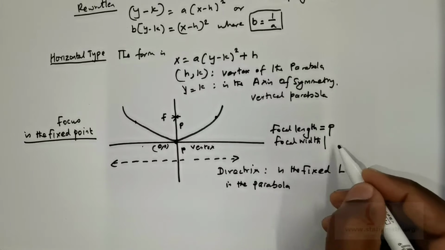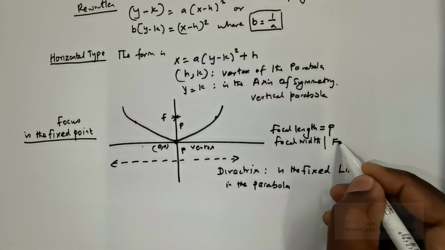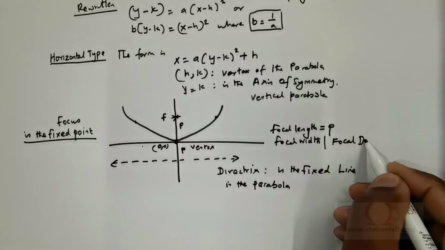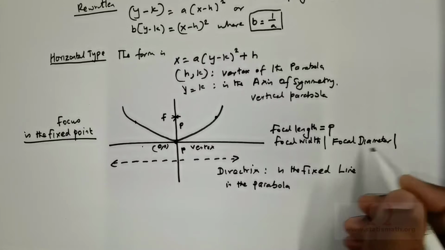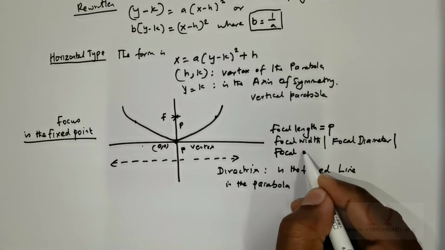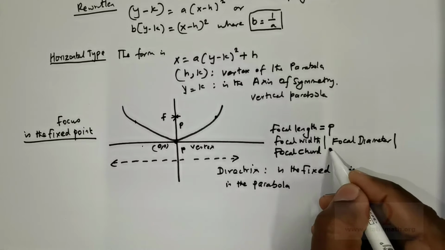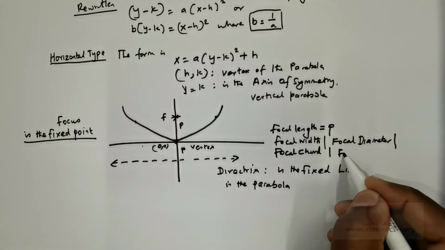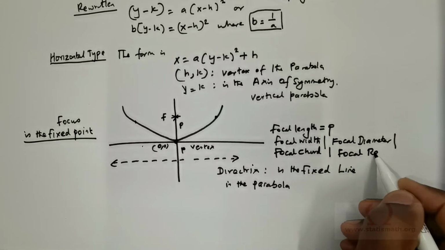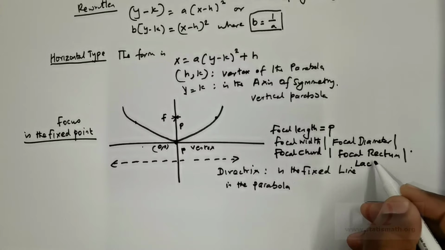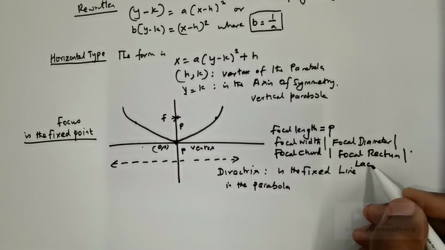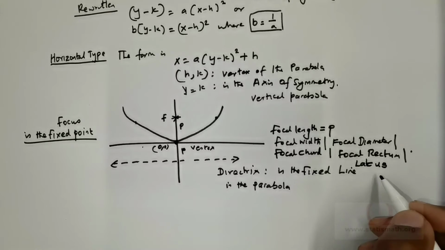It is also called the focal diameter, the focal chord, the focal rectum, the latus rectum. So these are the different words for the same concept.